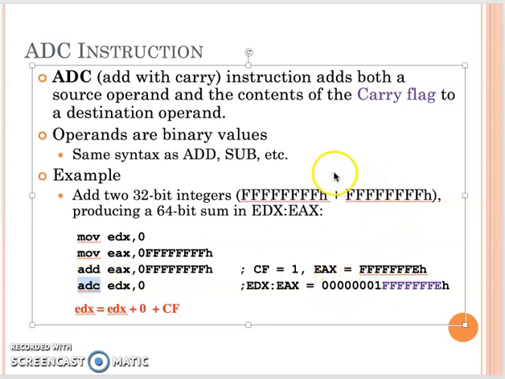Then for the next 32 bits, the higher 32 bits, we all use ADC, because ADC includes the carry flag from the previous 32-bit operand addition. So that's the ADC instruction. We can extend our value to the higher 32 bits.